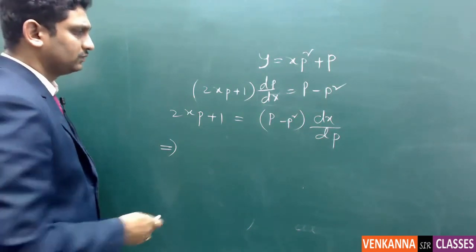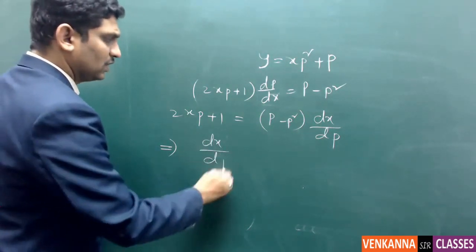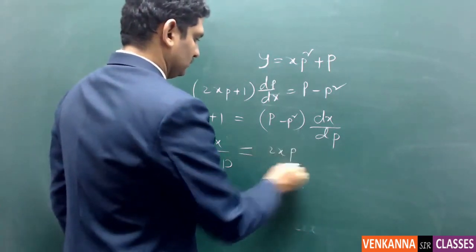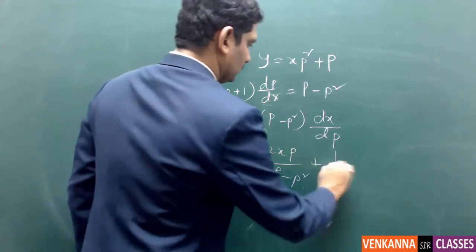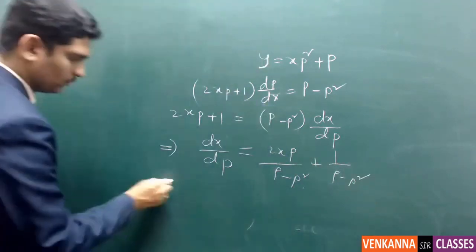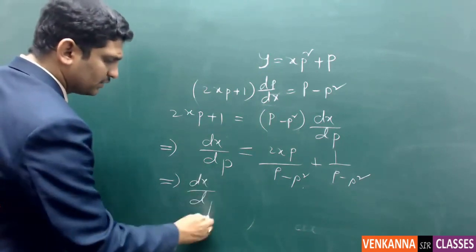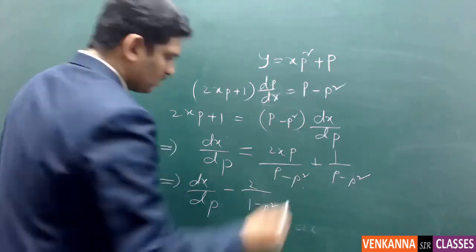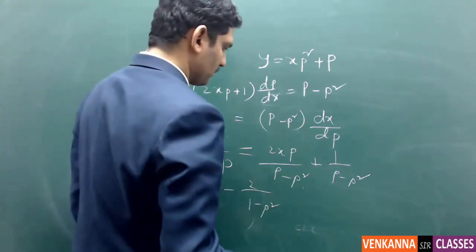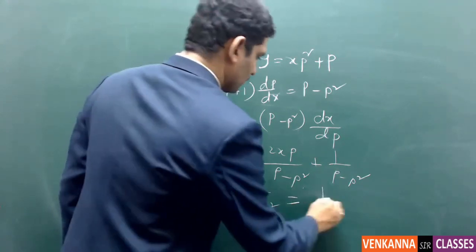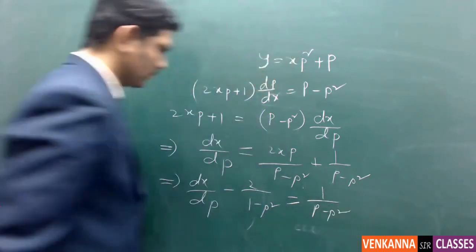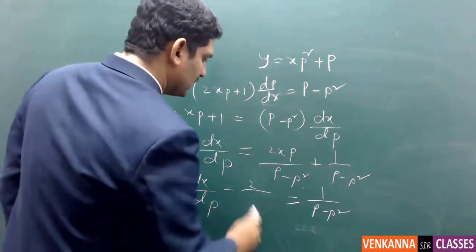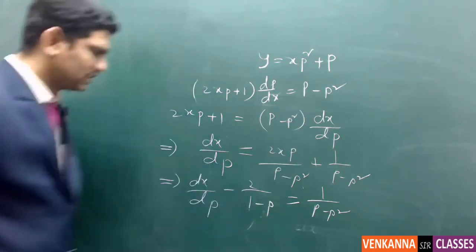How to simplify that? dx by dp minus 2 by 1 minus p square x, and once p gets cancelled, this will be 1 minus p, right?